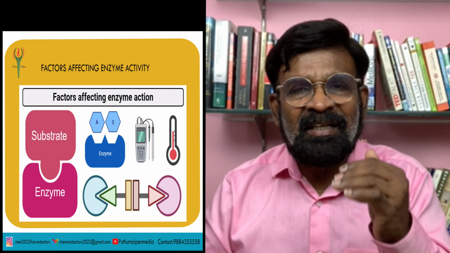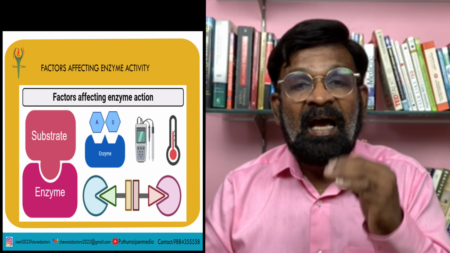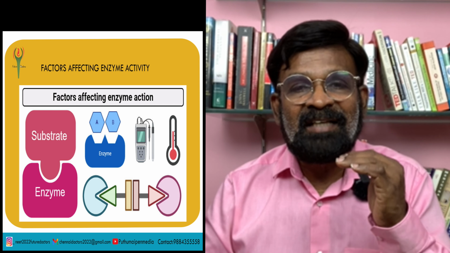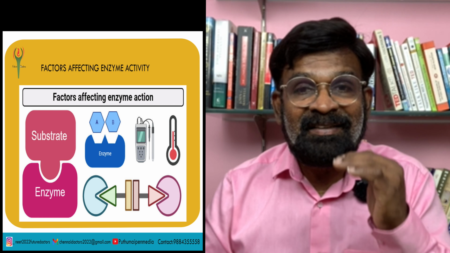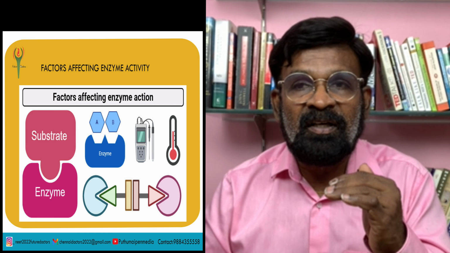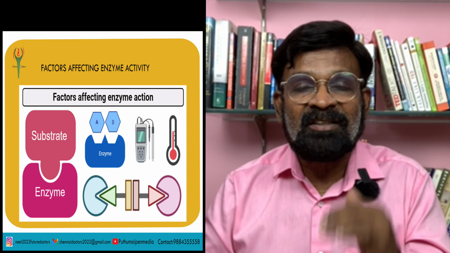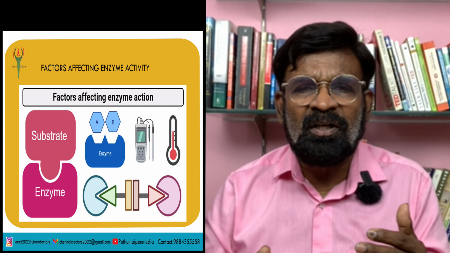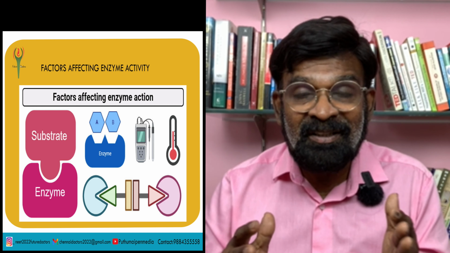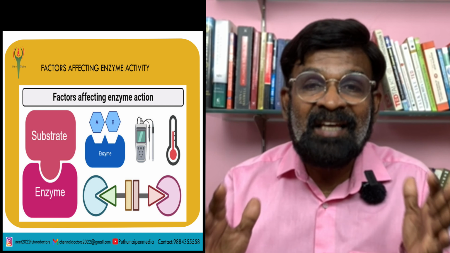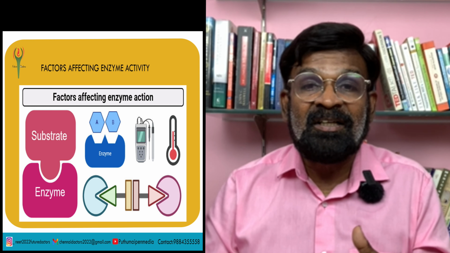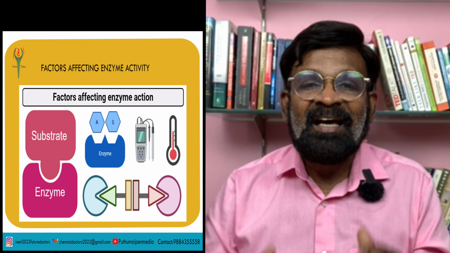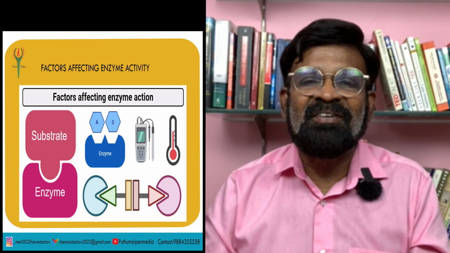Enzyme activity is altered or affected by changes in conditions that can alter the tertiary structure of the protein. The factors include temperature, pH, change in substrate concentration, or binding of specific chemicals that can regulate its activities.